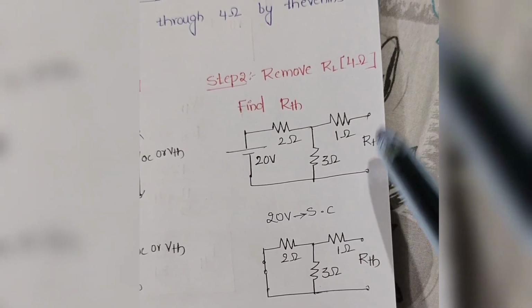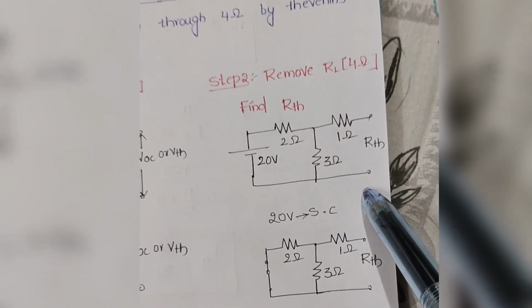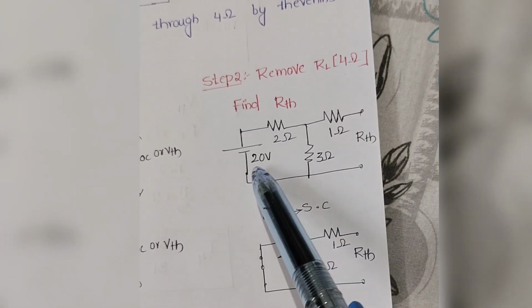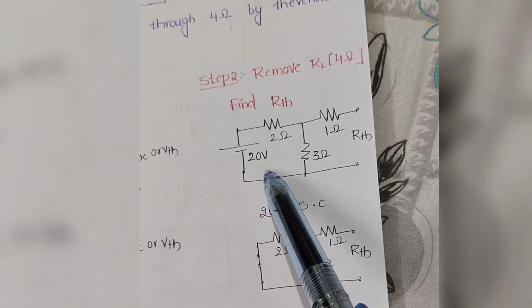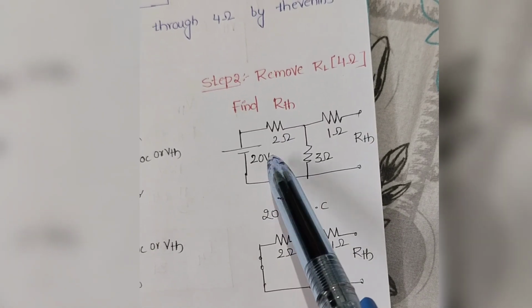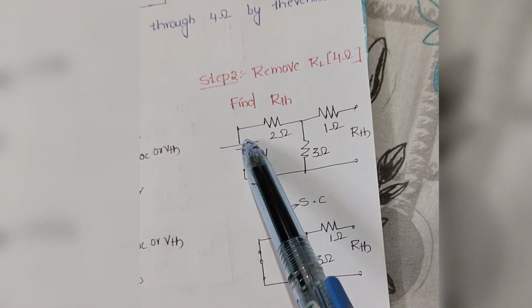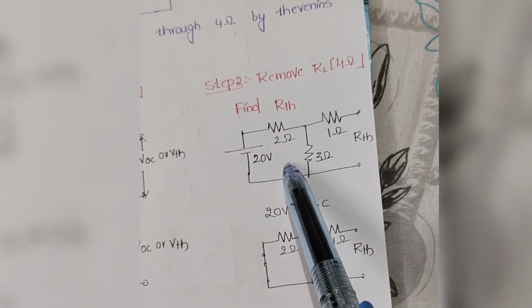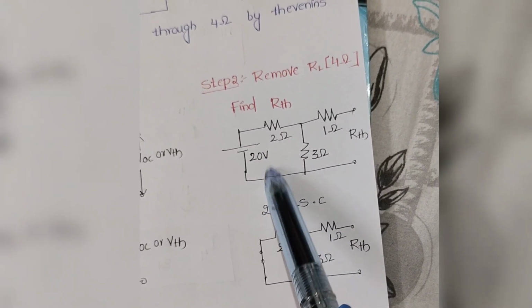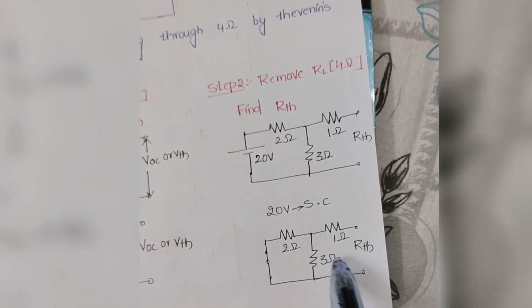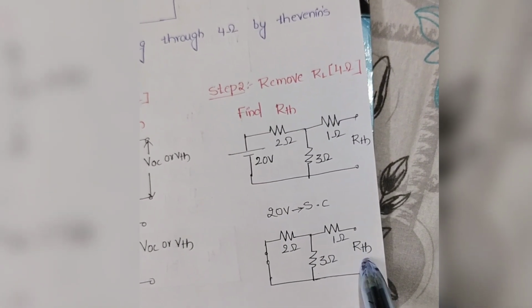That is our second step in Thevenin's theorem. While calculating RTH, whatever sources are present in the circuit are replaced with their internal resistance value. Here the 20 volts voltage source has internal resistance 0, so this 20 volts is short circuit. Then next you have to find the RTH.